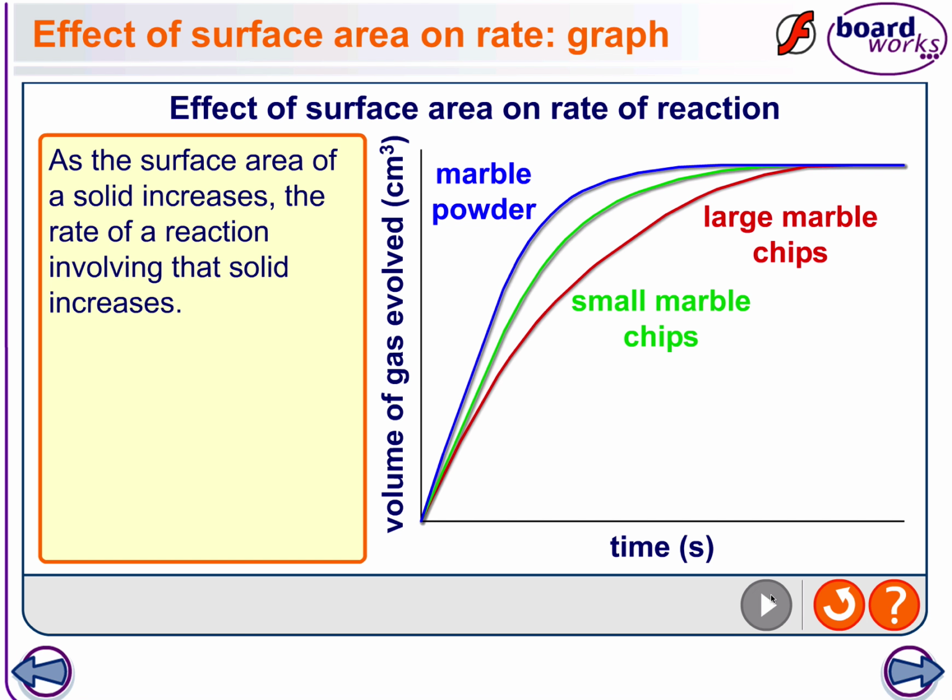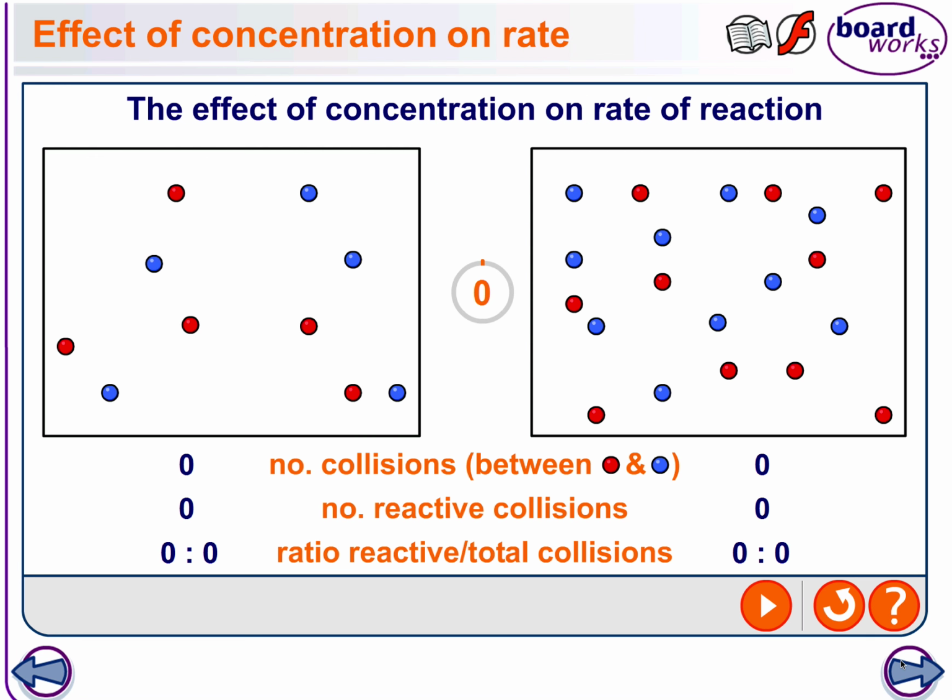And what you're seeing, again, by all of the lines reaching the same point, the same amount or the same volume of gas is being evolved, but in the blue scenario, that amount of gas is being evolved quicker than it has in the green and in turn in the red. So essentially you've got the same amount of product, but it's just being obtained faster or at a higher rate with the powdered marble or calcium carbonate.